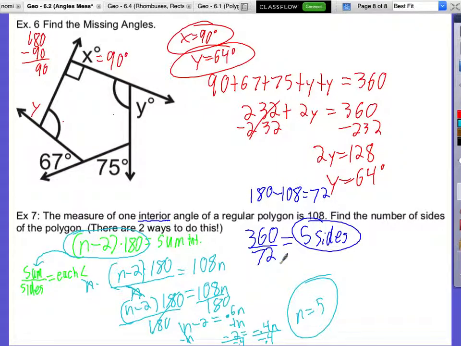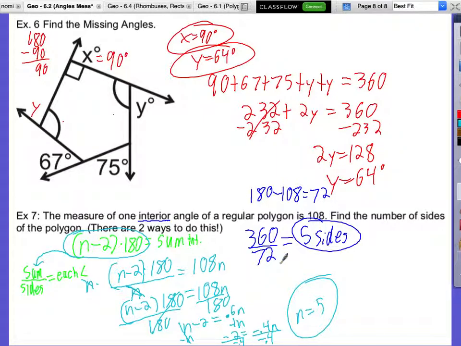How do we do the first one? What's our n-gon? So the first one's n minus 2. Five minus 2. A pentagon has 5 sides.